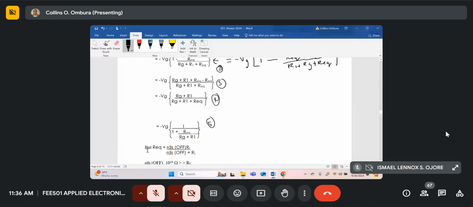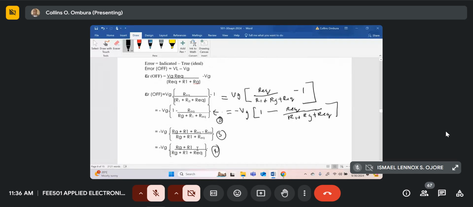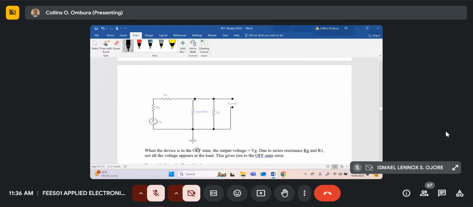But what is R equivalent? R equivalent is the parallel combination of RDS off and RL. Two resistors in parallel is R1 R2 divided by R1 plus R2. And remember that RL is the input of our AC amplifier.